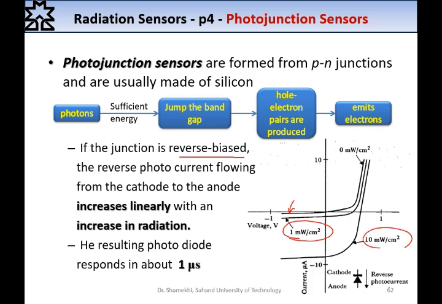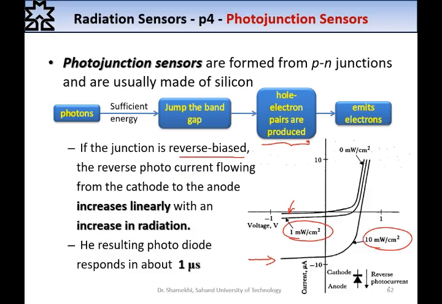The radiation increases the reverse current linearly, and that is good for our objective. The response time is more than nanoseconds because we need to generate electron-hole pairs.